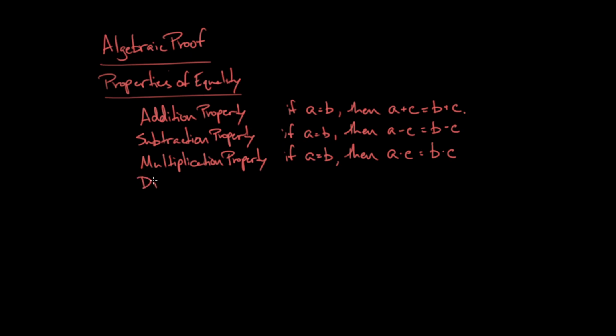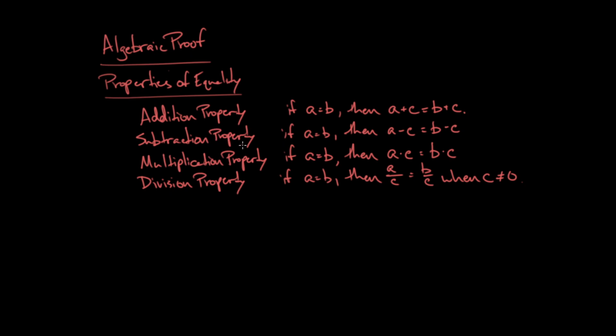I also have the division property of equality, which says the same thing with one small addition. If a is equal to b, then a over c is equal to b over c, and that's only when c is not equal to 0.